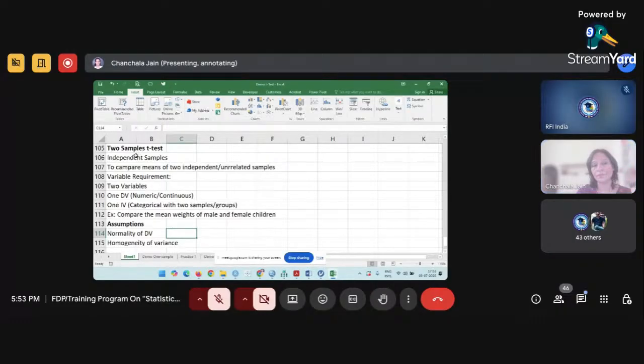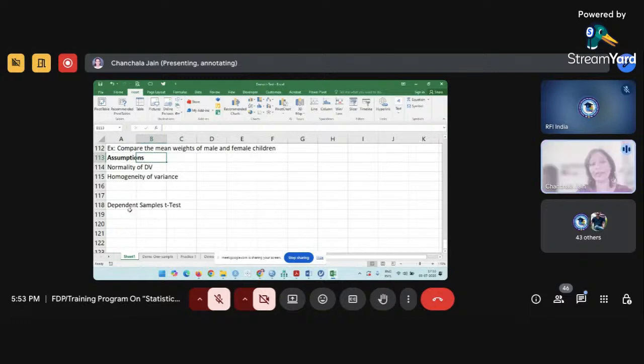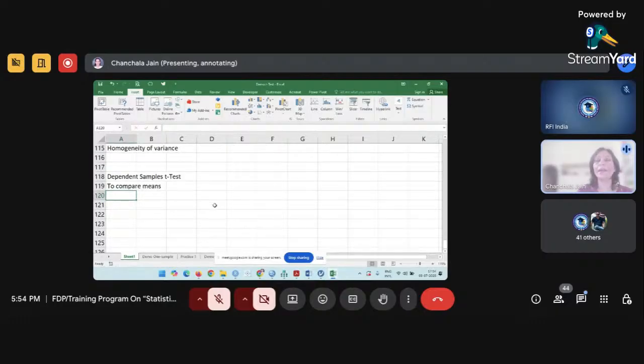Yes, ma'am. Right. Moving ahead, talking about the second category, that is the dependent sample t-test. The name itself is telling us we need to have dependent samples, right? Here also we need to compare means. Again, purpose will remain the same. But in the case of the dependent sample t-test, comparison will be in the dependent groups, right?